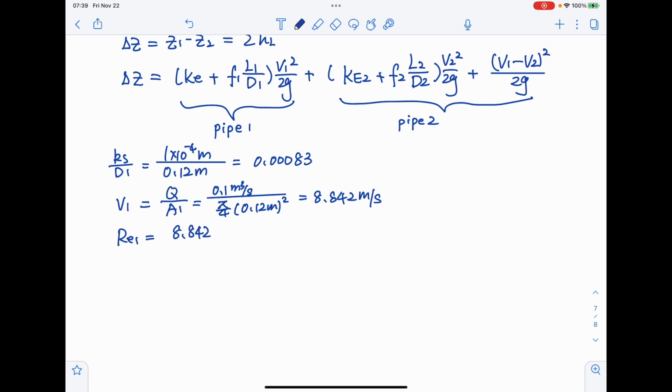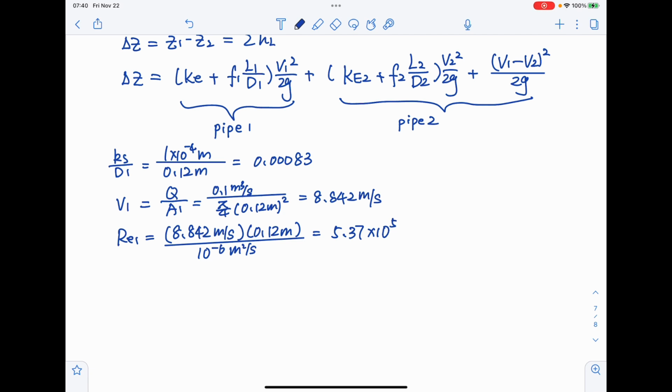8.842 meter per second times the diameter over the viscosity. So that gives us 5.37 times 10 to the power of 5. Okay.